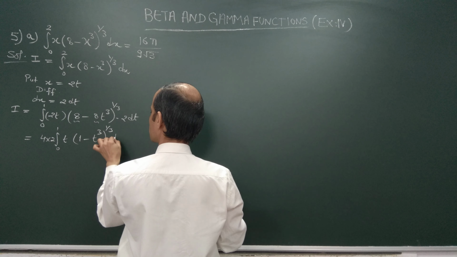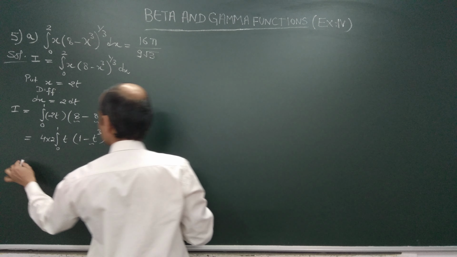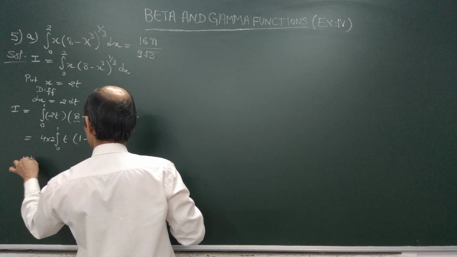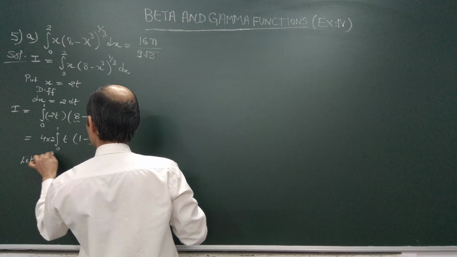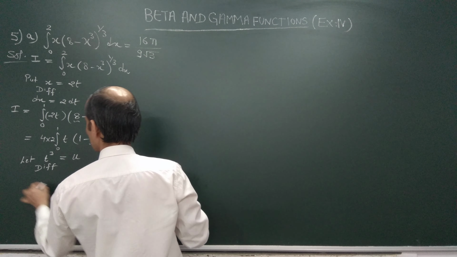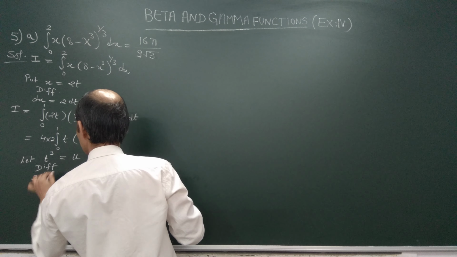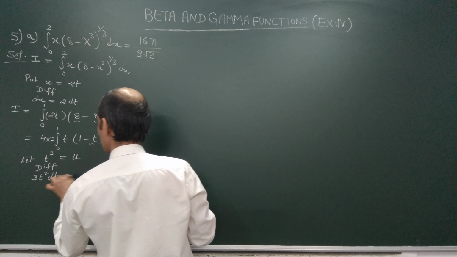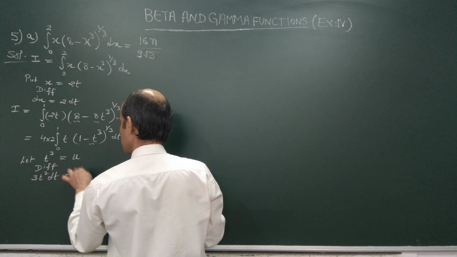Now again let t cube be equal to u. Differentiating, 3t square dt is equal to du.